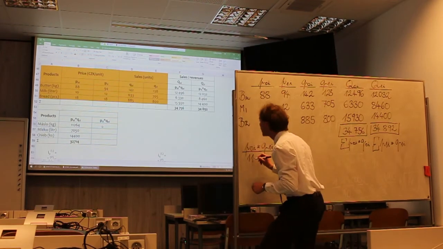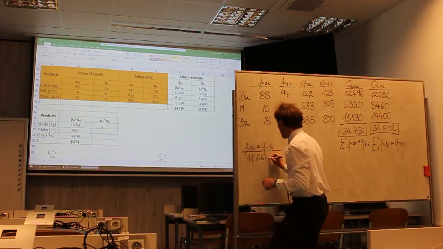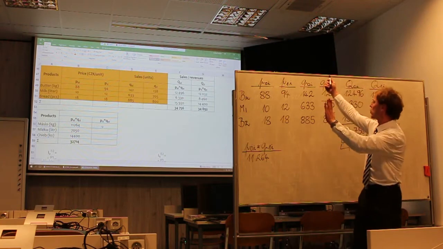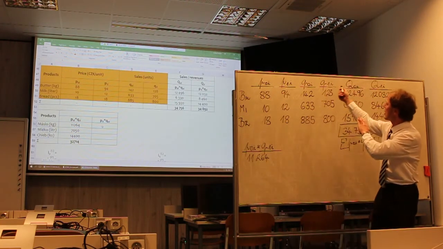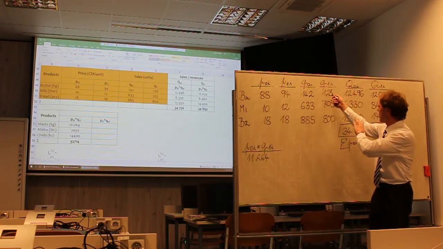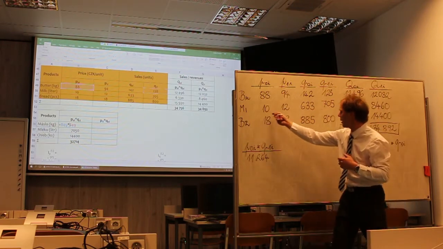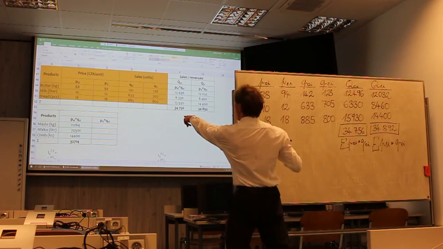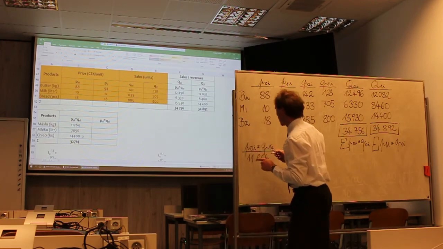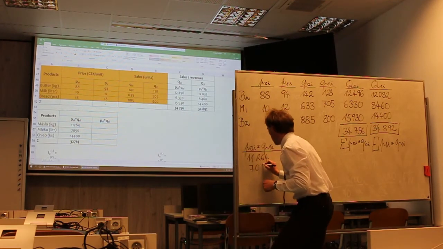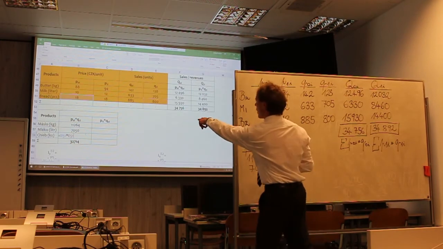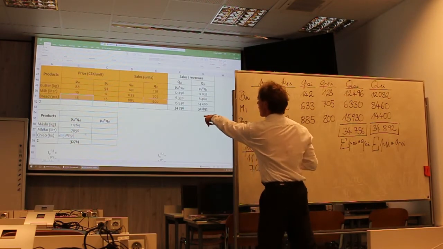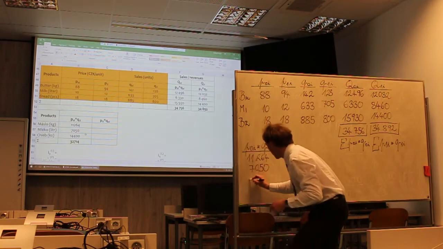So partial values 11,264, if you calculate multiplication, 88 times 128. 10 times 705 is 7,050, and last value 14,400.